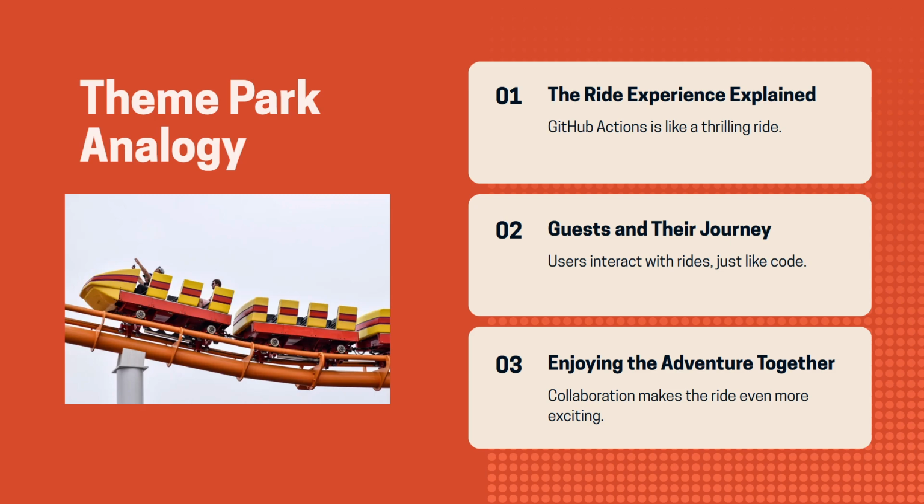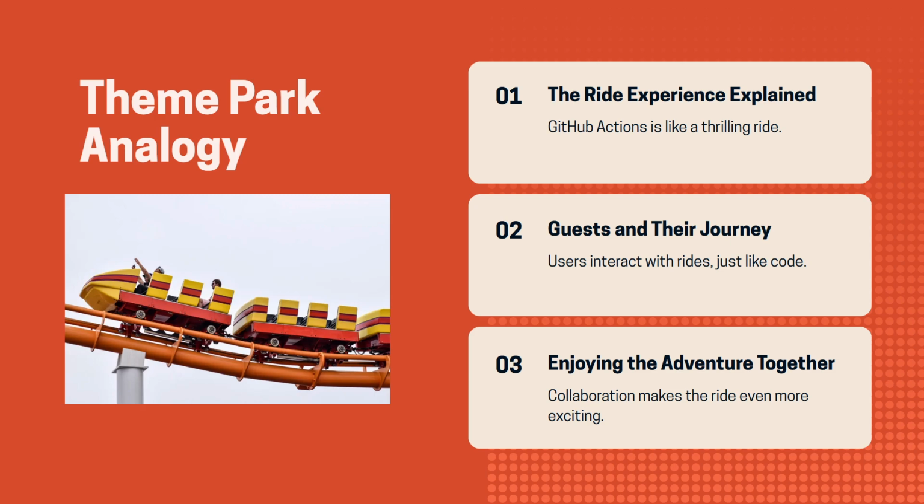An event, a push or a pull request, is like a guest arriving or starting the ride. Your job is like ride stations or ride stages. A runner is like the machinery or ride track. A step is like safety checks, launch and drops. An action is like pre-programmed effects, lights or music.